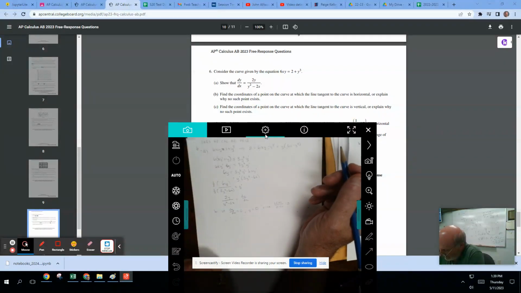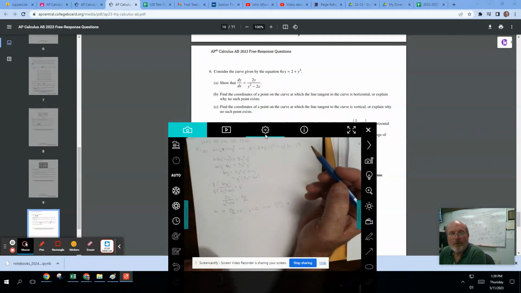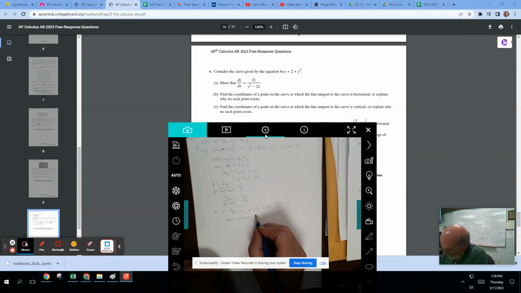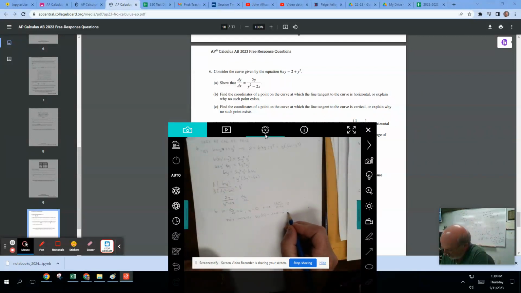If y is 0, that won't work. This implies that 6x times 0, that's what we need to show, equals 2 plus 0, which implies 0 equals 2.